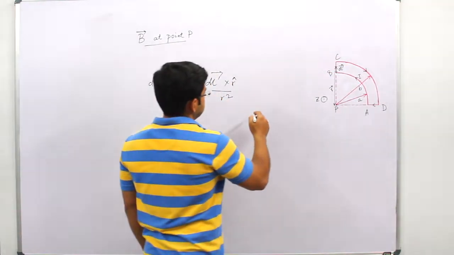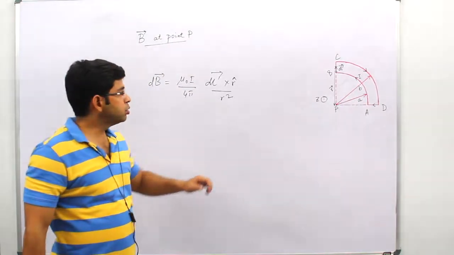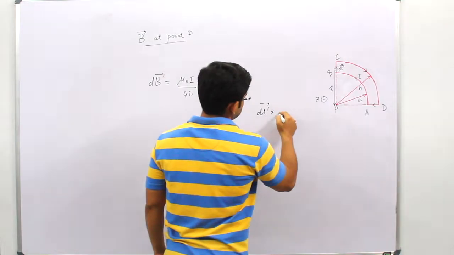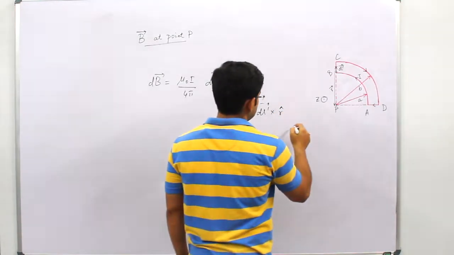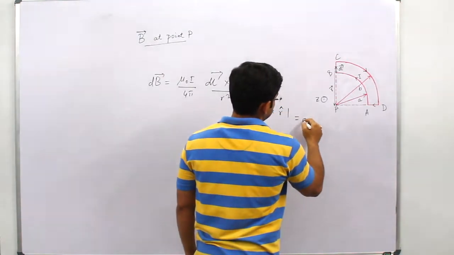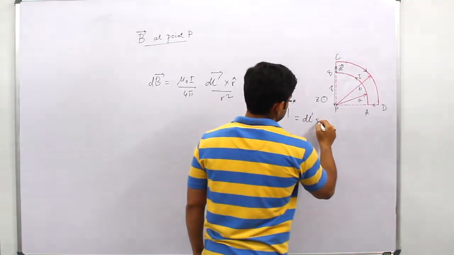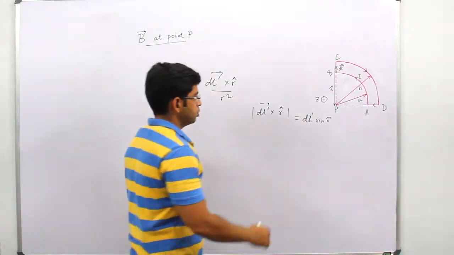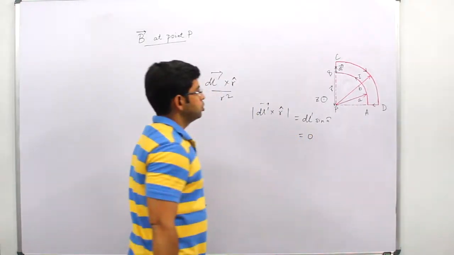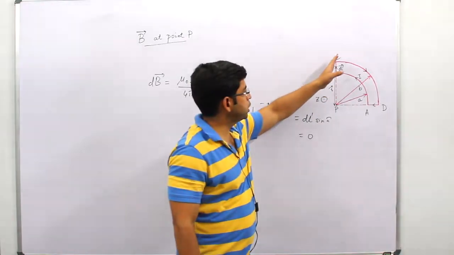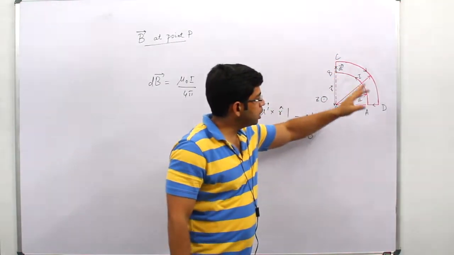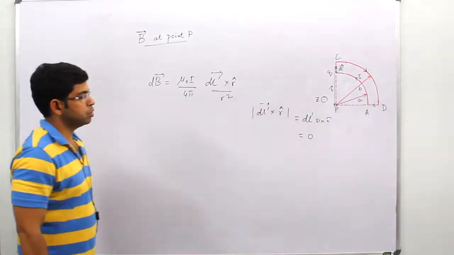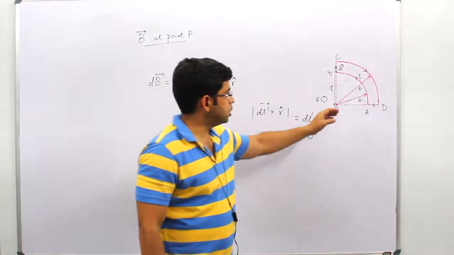So dl prime being anti-parallel to the radius vector r, dl prime cross this r unit vector will have magnitude dl prime sine pi, which is 0. So you see the contribution from the straight arm BC, and similarly also for the straight arm AD, both will contribute 0 magnetic field at the point P.